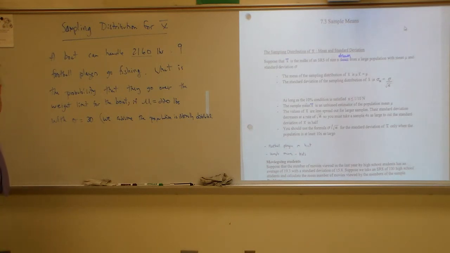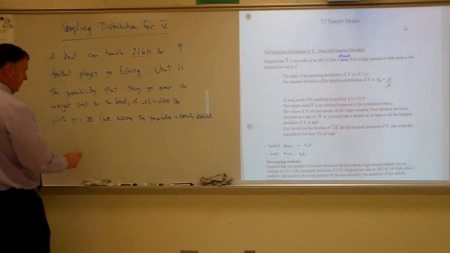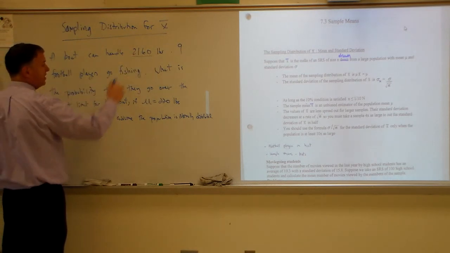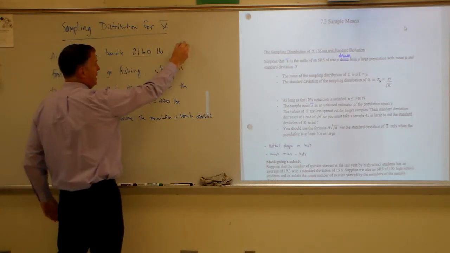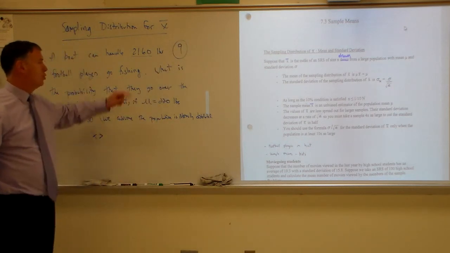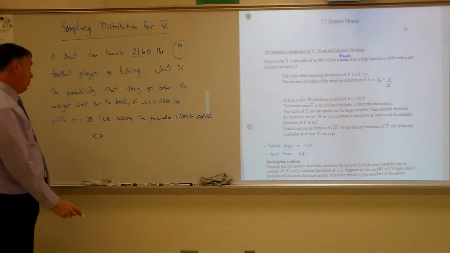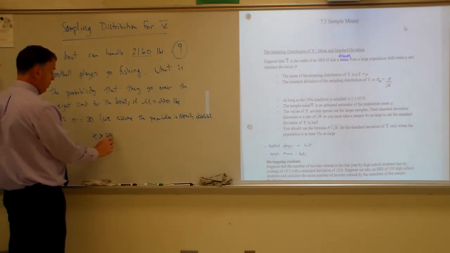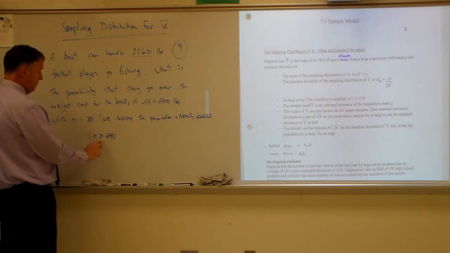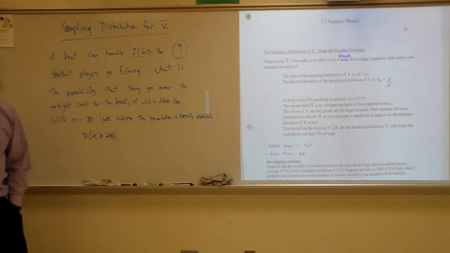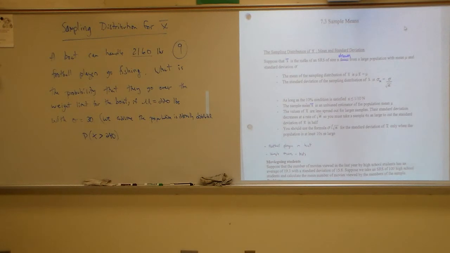If they go over, we're saying that X is greater than this 2,160 pounds, but because there's 9 football players, we're going to take the 2,160 pounds and divide by 9. And when we do that, it's 240. So we want to know the probability that X is greater than 240.